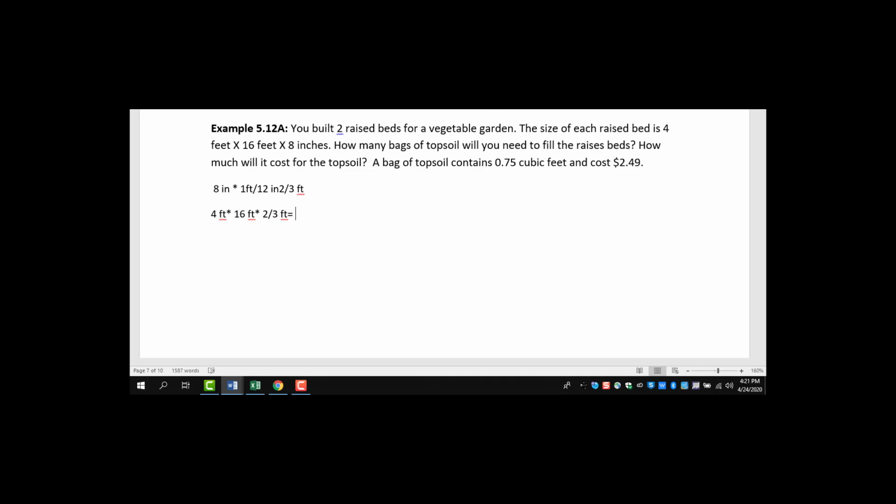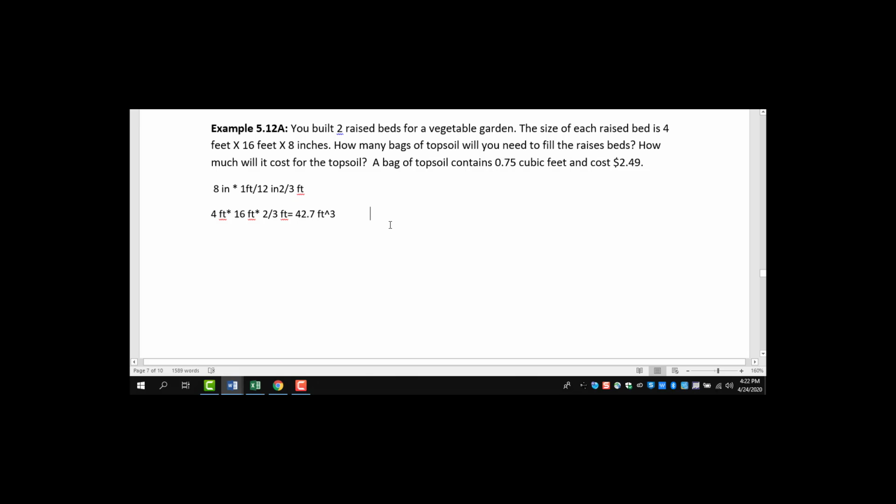Put that in your calculator and round it off. We get 42.7, careful, feet cubed. So each bag contains 0.75 cubic feet.